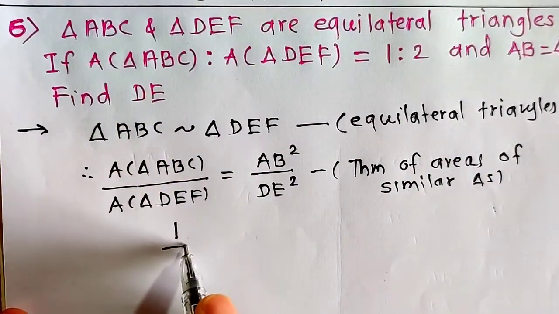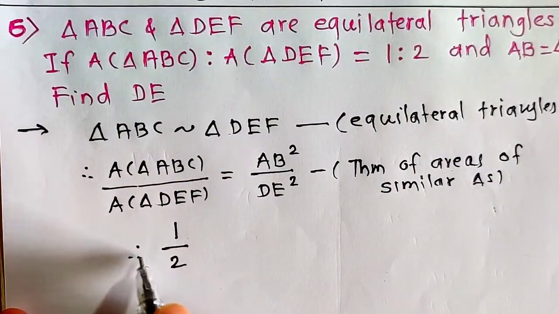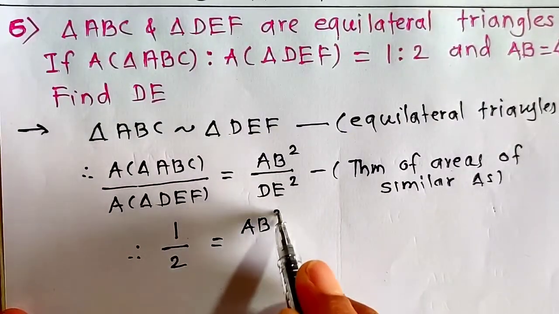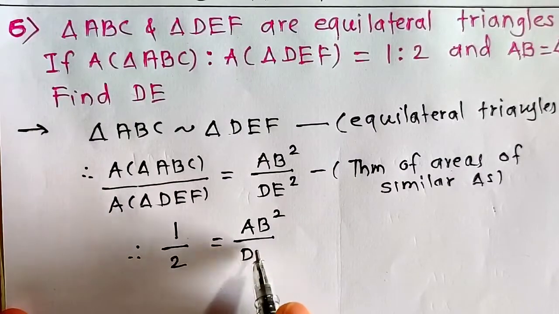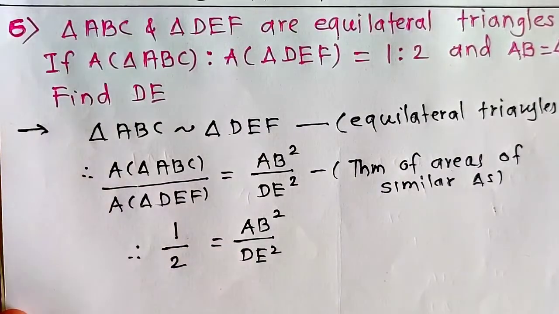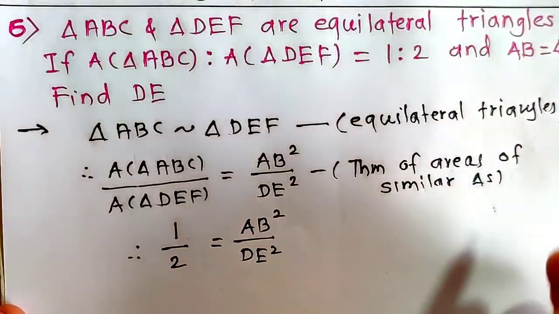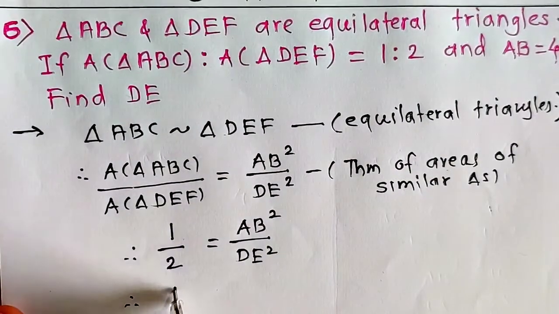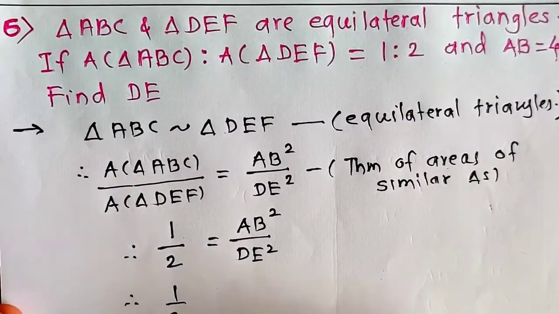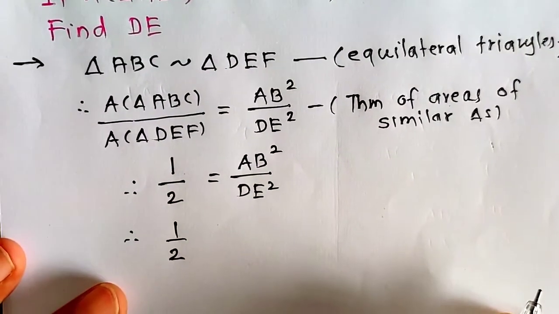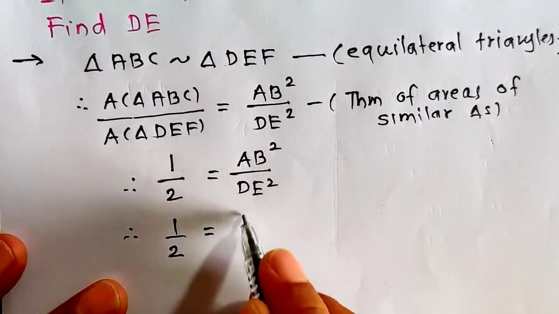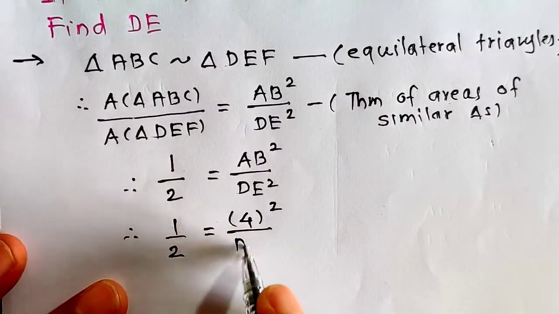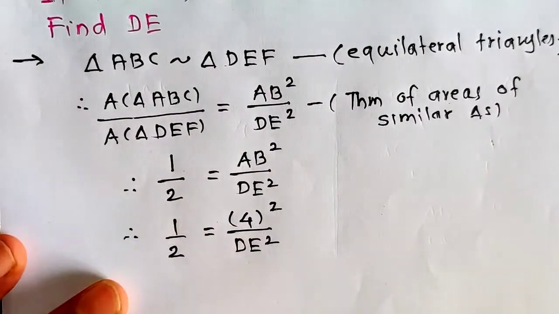So here 1/2 is equal to AB square by DE square. Now substitute the value of AB. AB is given 4. Therefore 1/2 is equal to 4 square divided by DE square.